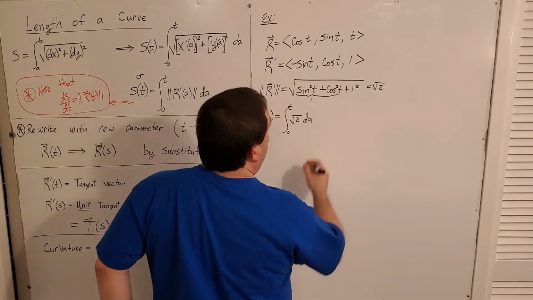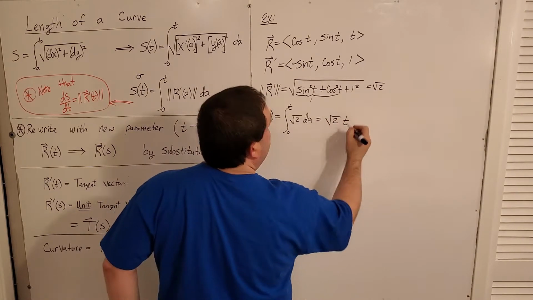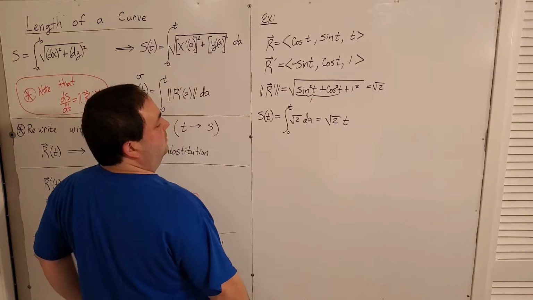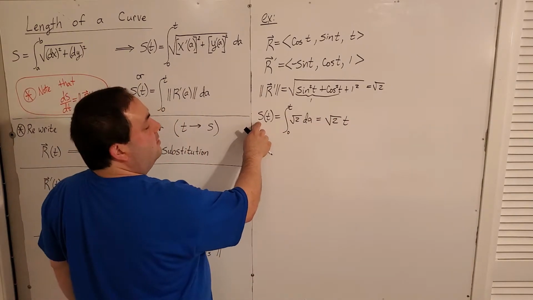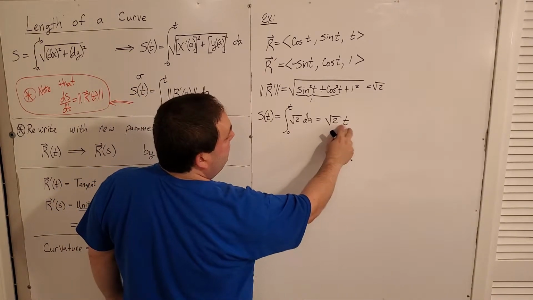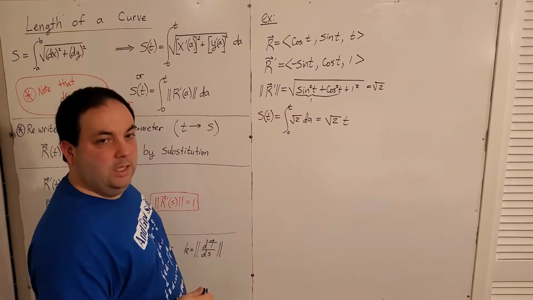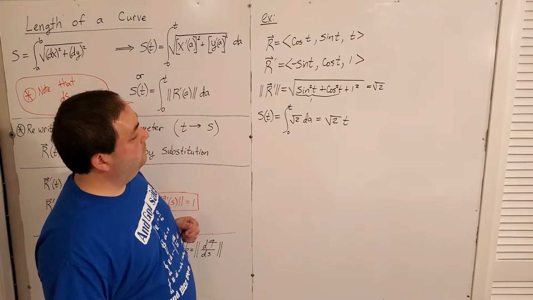Okay. And that's just going to be equal to the square root of 2 times t. And this is what we're getting at. I can actually write s, the arc length, as a function of t. In this case, square root of 2 times t for this particular vector function, okay?